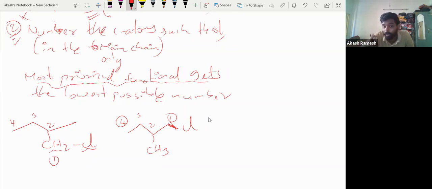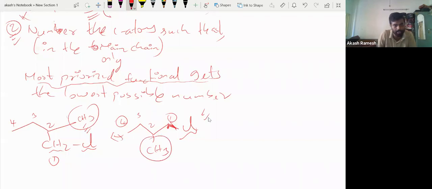But in that longest possible chain, make sure that the carbon atom having the functional group, at least the maximum prioritized functional group, is in the main chain. So this is the correct way of numbering. These are the same compound, just that I've written the bonds differently. This is CH3, and that CH3 I wrote as a branch. Now if you go like this, obviously this becomes a branch, and that is exactly what I've done here.